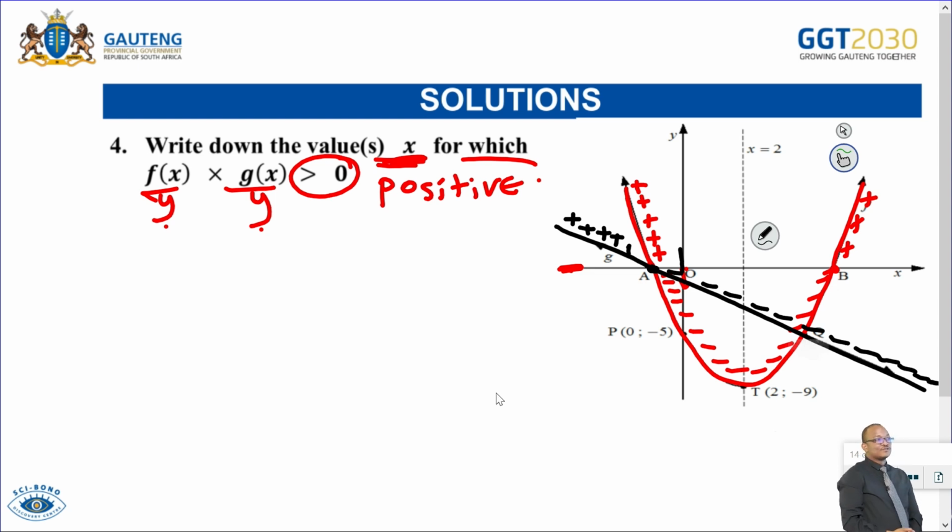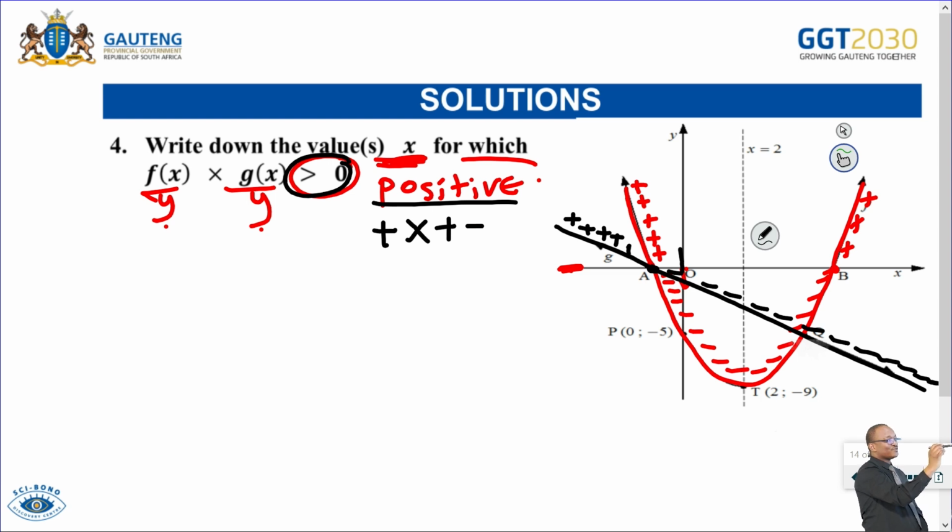Correct. So now, I said the condition where we can have positive is when we multiply positive by positive, which will be positive, or when you multiply negative by negative, which is also going to be positive.